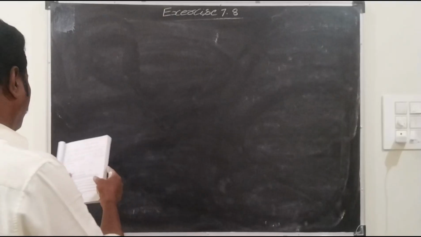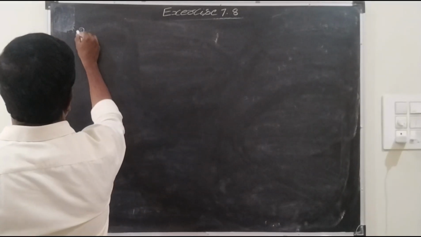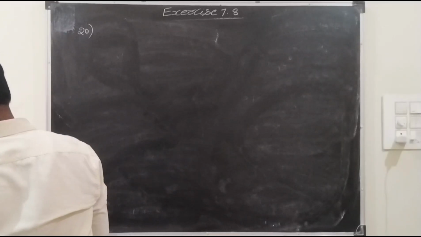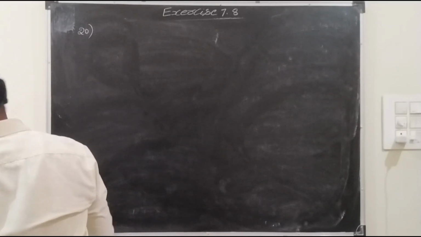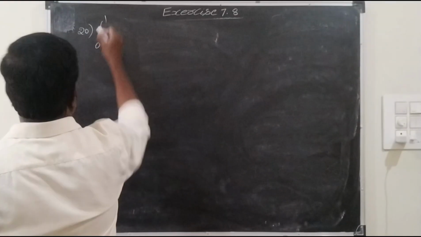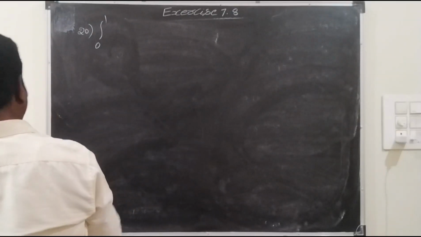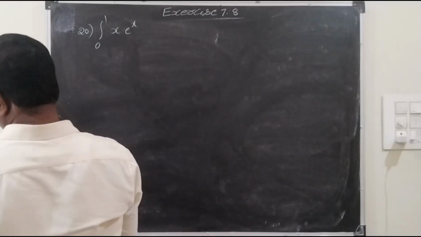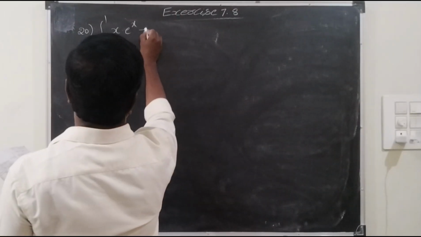Next, 20th one. Integral from 0 to 1, x into e power x plus sin pi x by 4.